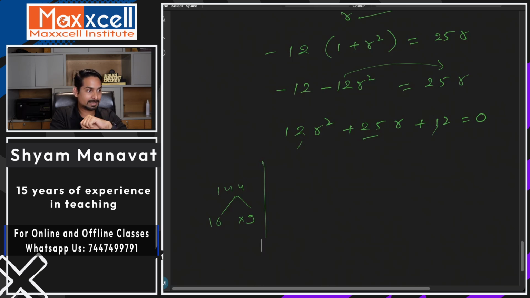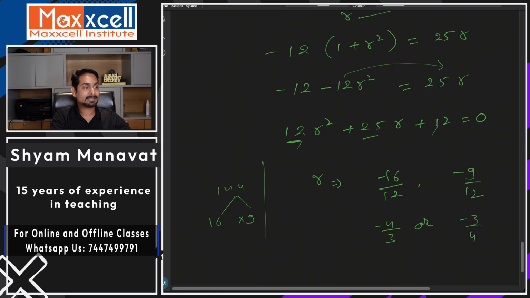R will be either minus 16 or minus 9 with 12 as denominator. So R will be either, cancelling by 4, minus 4 by 3 or minus 3 by 4. You can use either one of them and get the answer.